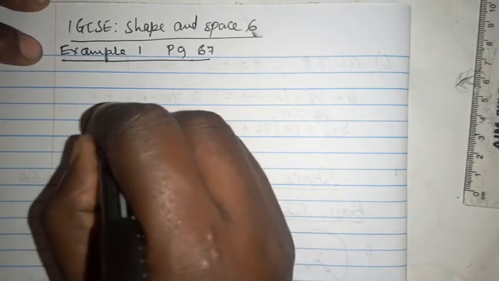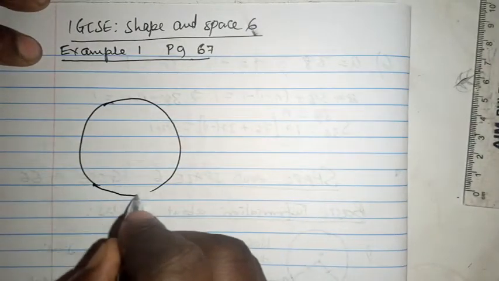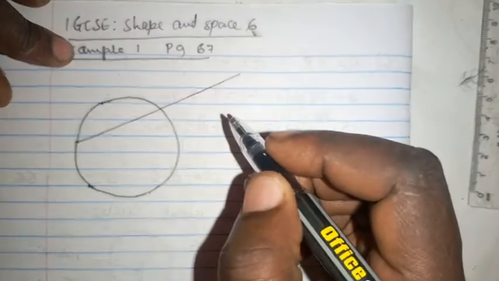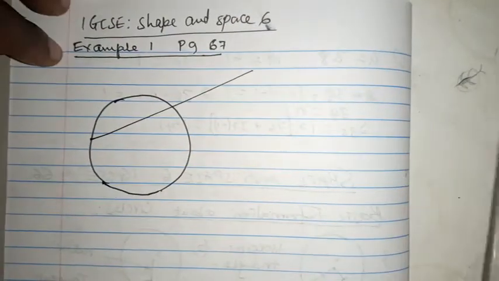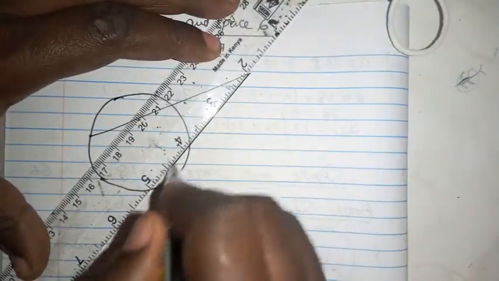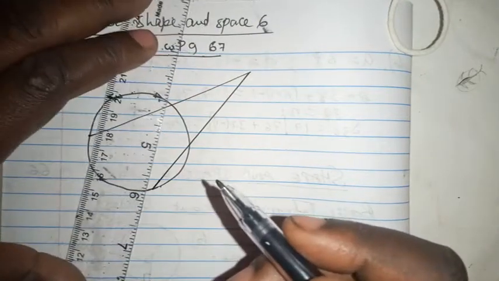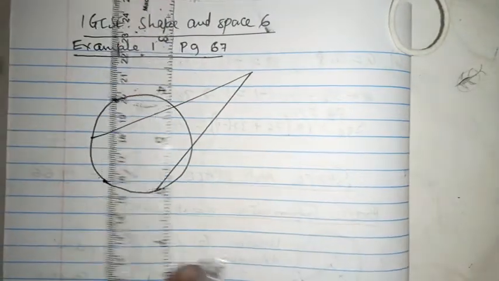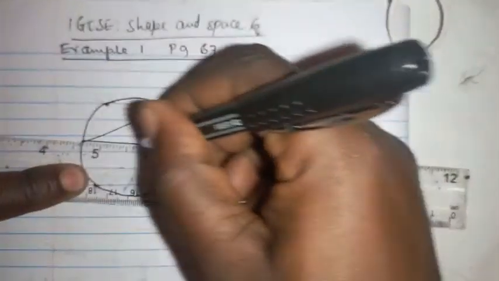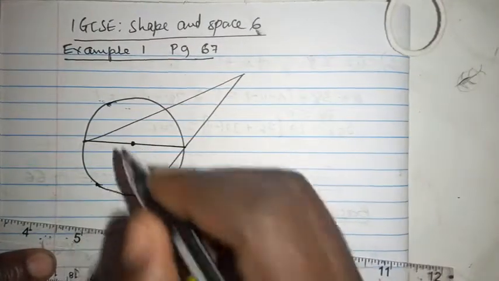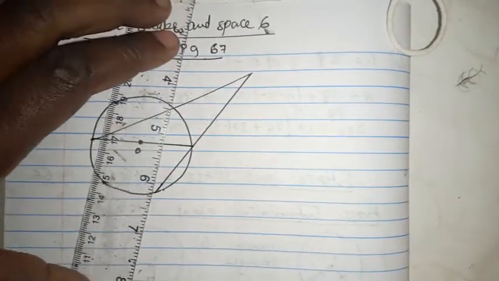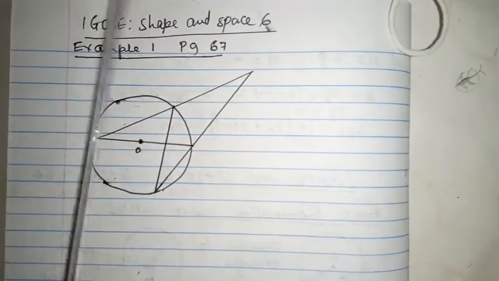The diagram first of all looks like this. There is a chord that is produced, another chord that is produced here, and there is this diameter of the circle with center O. That is center O. And there is this chord that joins there.